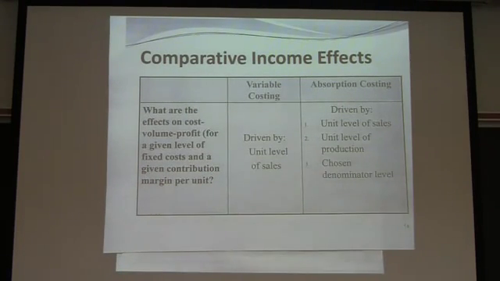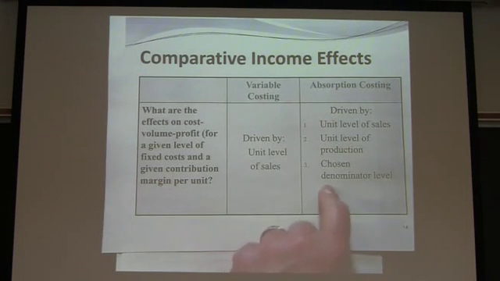So we know variable costing is completely driven by unit level of sales, whereas absorption costing, we not only have to worry about unit levels of sales, we also have to look at the unit level of production. In other words, we can start to create different, higher or lower income depending on management's motive by increasing or decreasing the level of production to determine how much of that fixed cost gets capitalized to ending inventory.